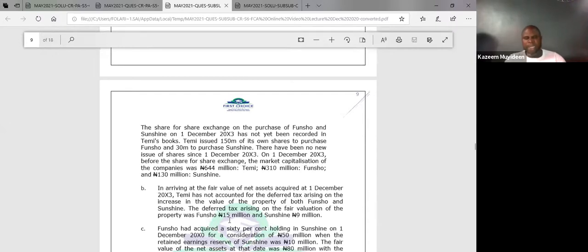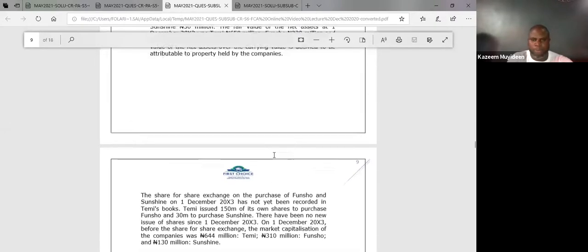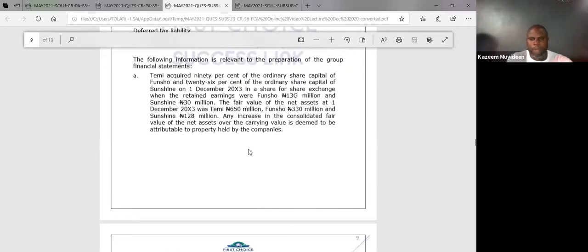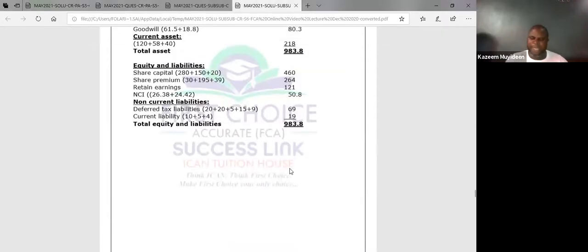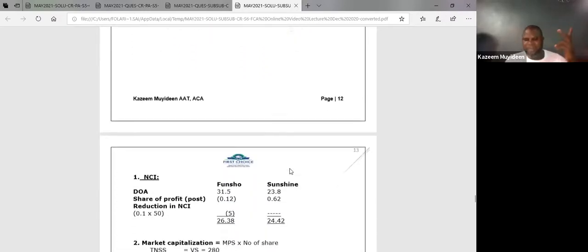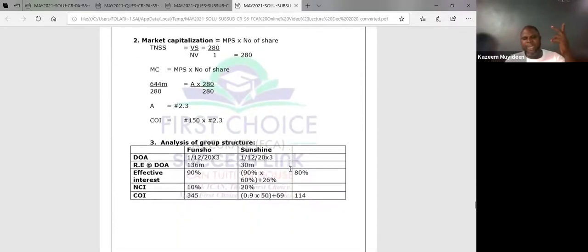Like this one, he said the net asset. Don't forget he has given me the net asset of Funsho, 330. What is responsible for the difference? Increase in property. I cannot pick the shares; I will say net asset. He has given me the retained earnings.